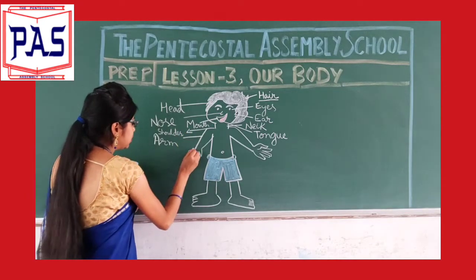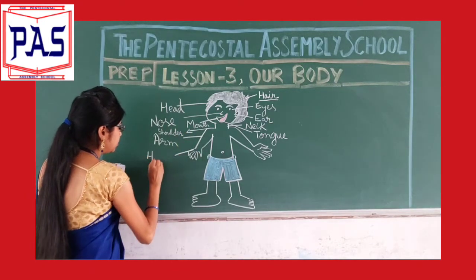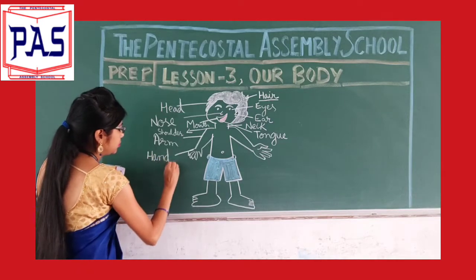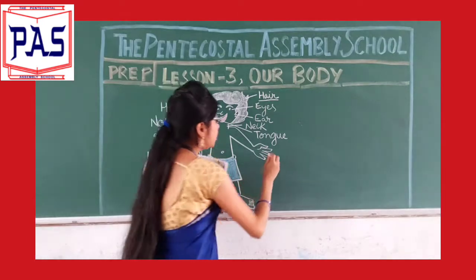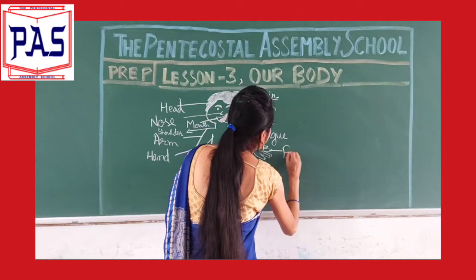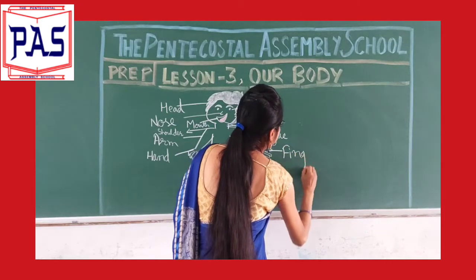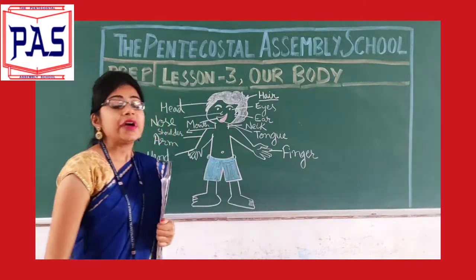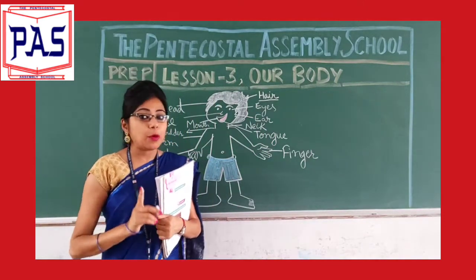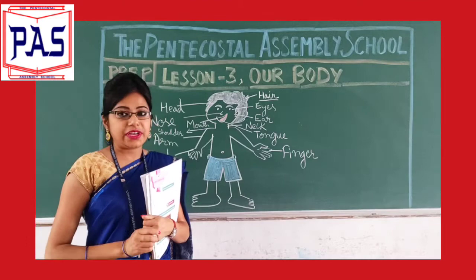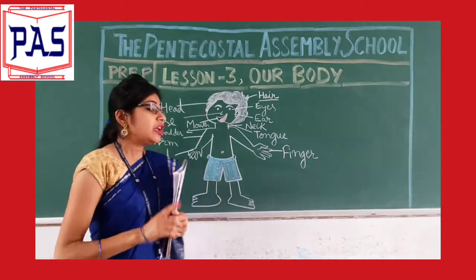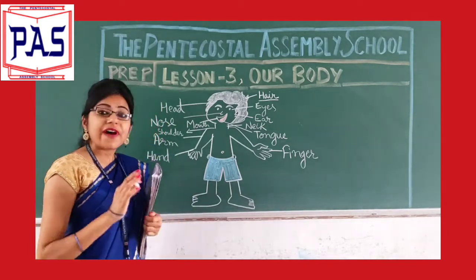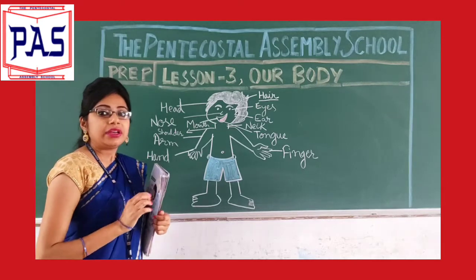And this is our hand. This is called finger. How many fingers do we have, children? We have 10 fingers in both our hands, 5 fingers in each hand.